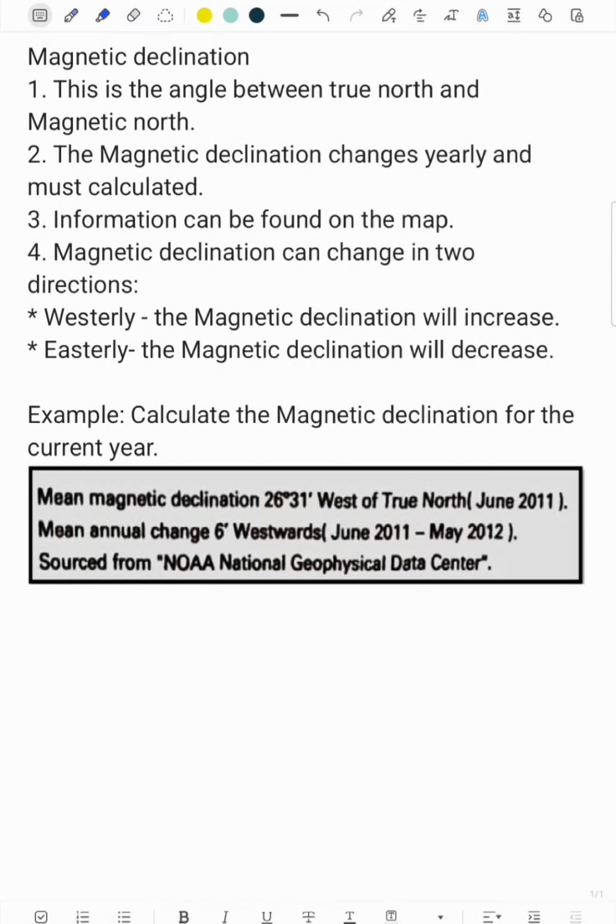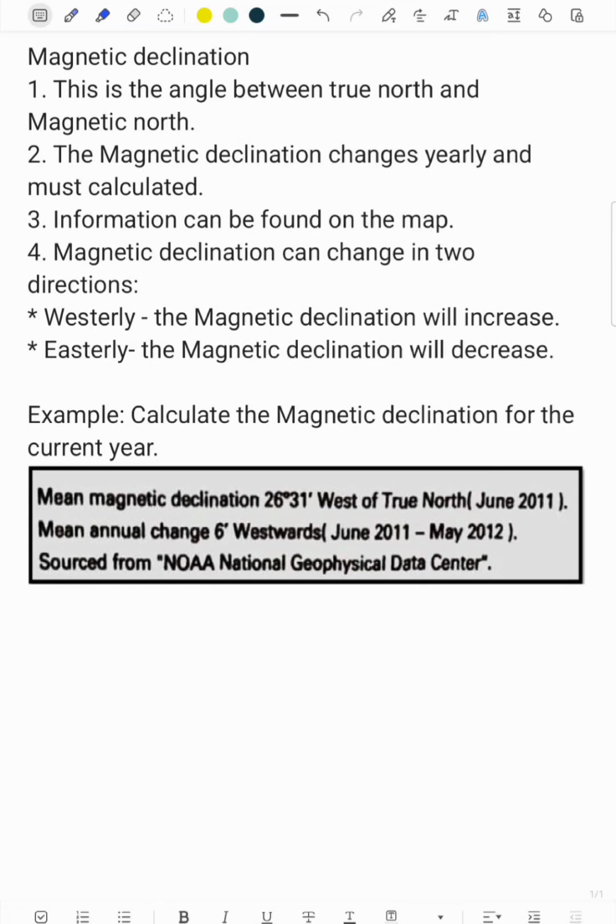Then on today's lesson, we are going to look at magnetic declination. What is magnetic declination? Magnetic declination is the angle between true north and magnetic north.